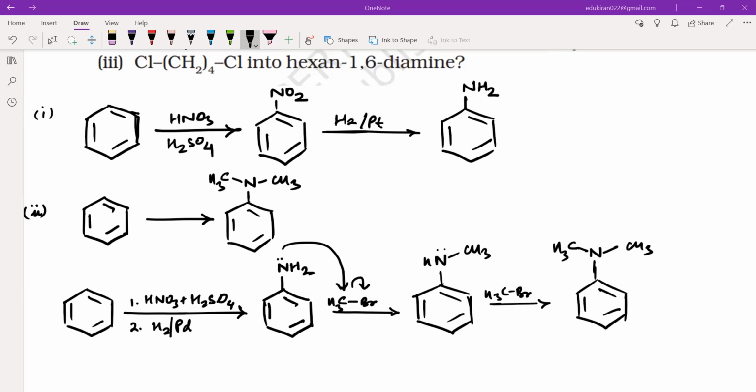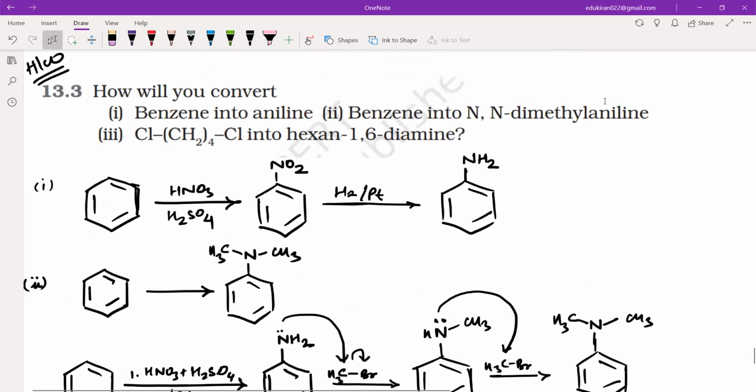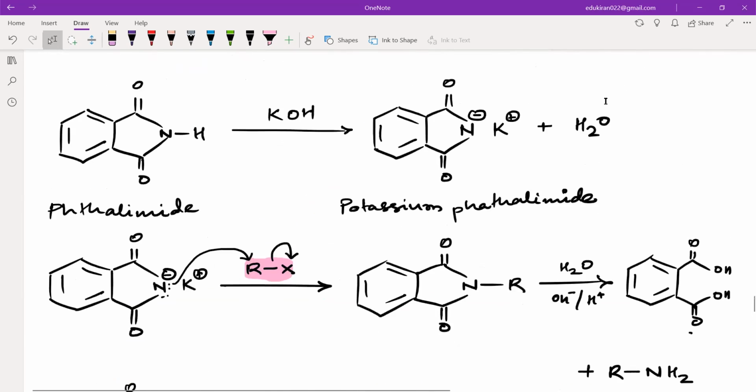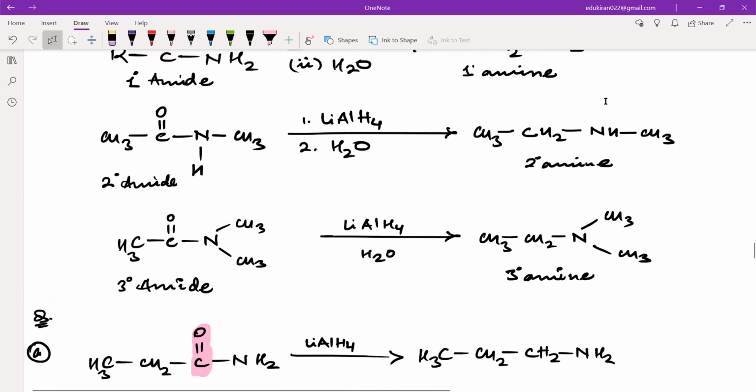Tell me. You're saying something? The third step, can you explain again? Which step? This one. The next one. Again, here we have lone pair, no? Mm-hmm. So similarly, this nitrogen will attack on this CH3 as it attacked here. Okay, sir. Same reaction. So if you refer to the ammonolysis reaction, in that we did a series of steps which were very similar.